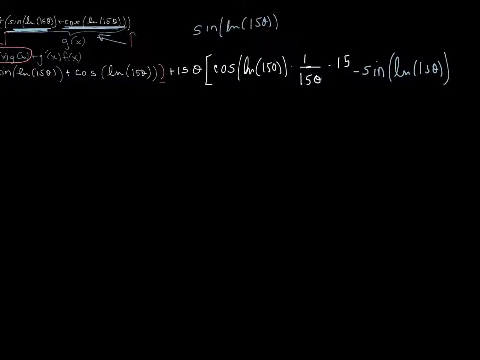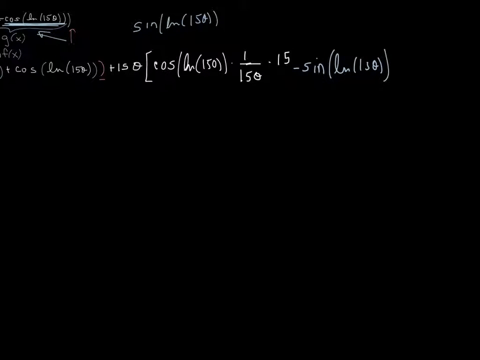I take the derivative of ln of 15 theta, which is 1 over 15 theta, and then times the derivative of 15 theta, which is 15. I think you need a longer piece of paper for this, right? And now I close this parentheses.